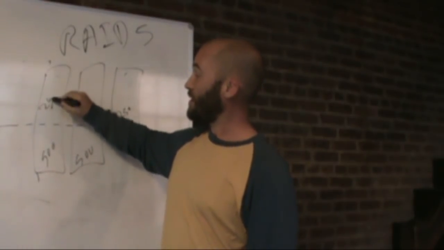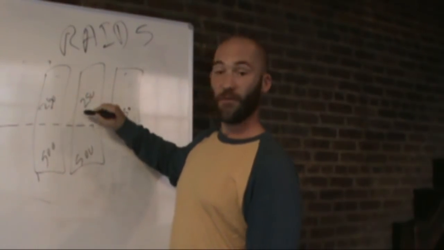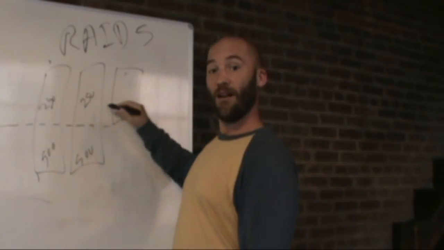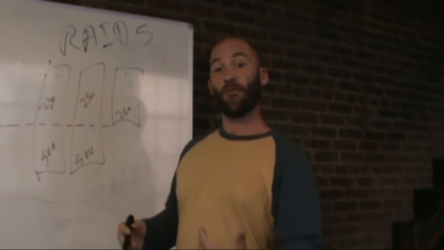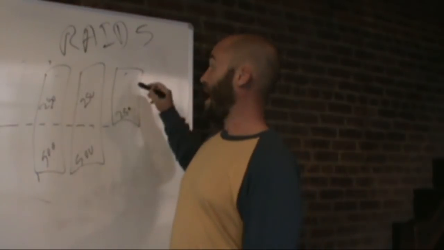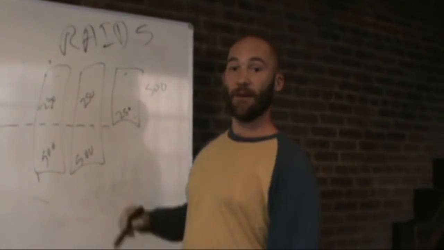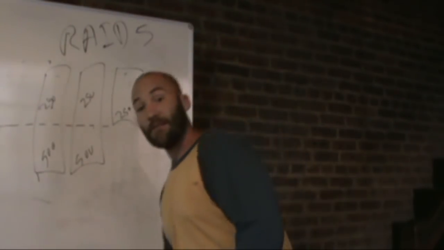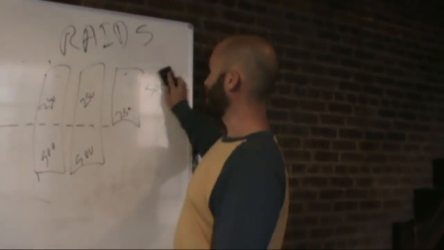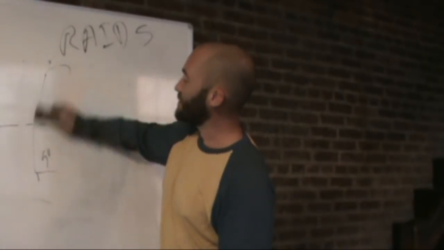So only 250 goes into the array, 250. So now you have 750 gigabytes of total size for a RAID 5 array, and you actually have 500 gigabytes of storage space. So does that make sense? Let's do one more example. People get confused on this all the time.